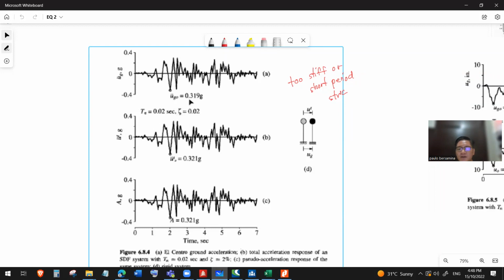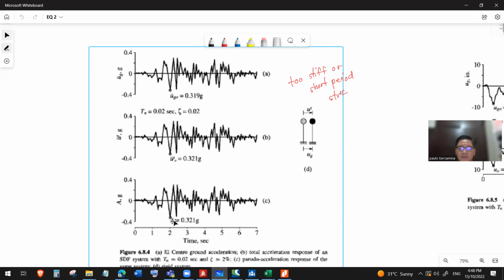The ground motion has a, which is 0.32 G, no? And by simulation, by numerical methods, you will come up with a spectral acceleration of 0.32 G also. Nagtutugma sila, no? Kasi very stiff siya, no? Sumasabay na siya sa ground. Okay?